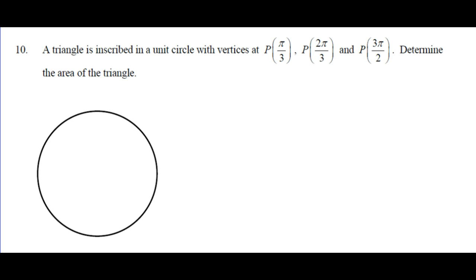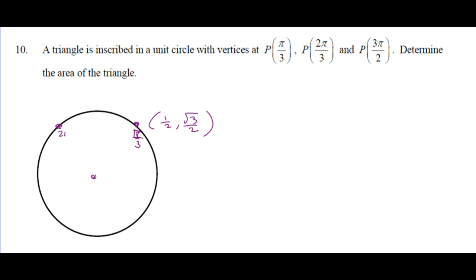A triangle is inscribed with vertices at pi over 3. Okay, so let's inscribe a triangle. So we've got pi over 3, which is 1/2, root 3 over 2. 2 pi over 3. So there's the center.